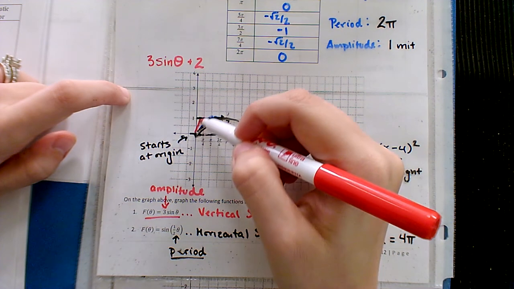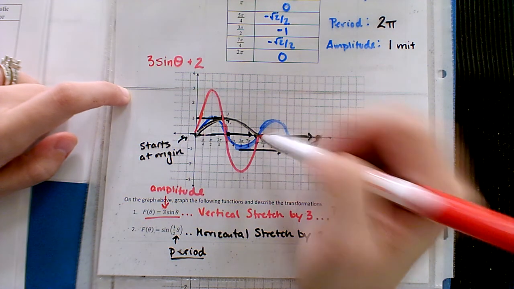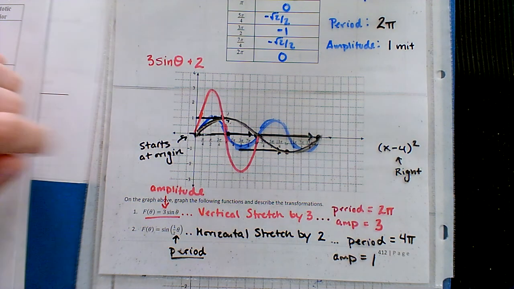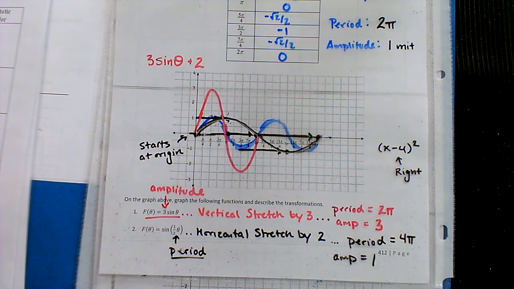Okay, so our previous red graph looked like this, right? Because that was the 3 sine. We just got to move everything up 2. If you move everything up 2, the baseline moves as well. Because isn't the baseline considered the middle of your graph? So if you move the graph, you're moving the middle.